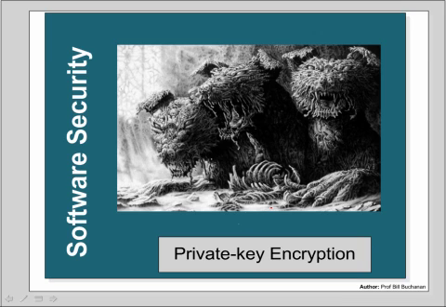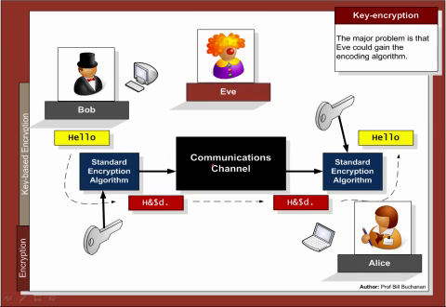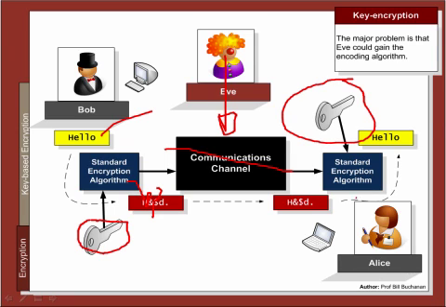So with private key encryption, we use a secret key to both encrypt and to decrypt. So with this, Bob takes the secret key, encrypts his plain text into ciphertext, sends it over the channel, and hopefully Eve doesn't have that key, and in some way Alice has received the same secret key, and then she can decrypt it.